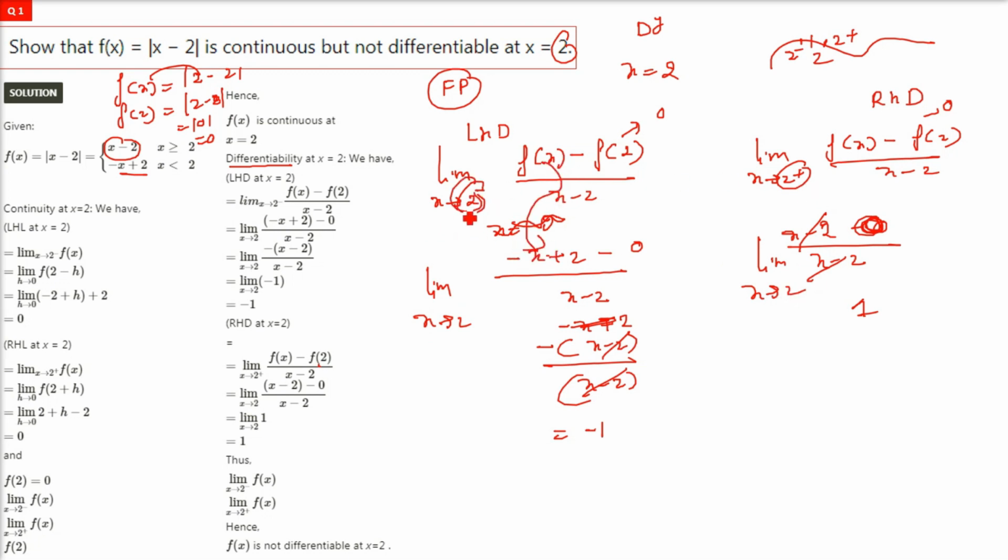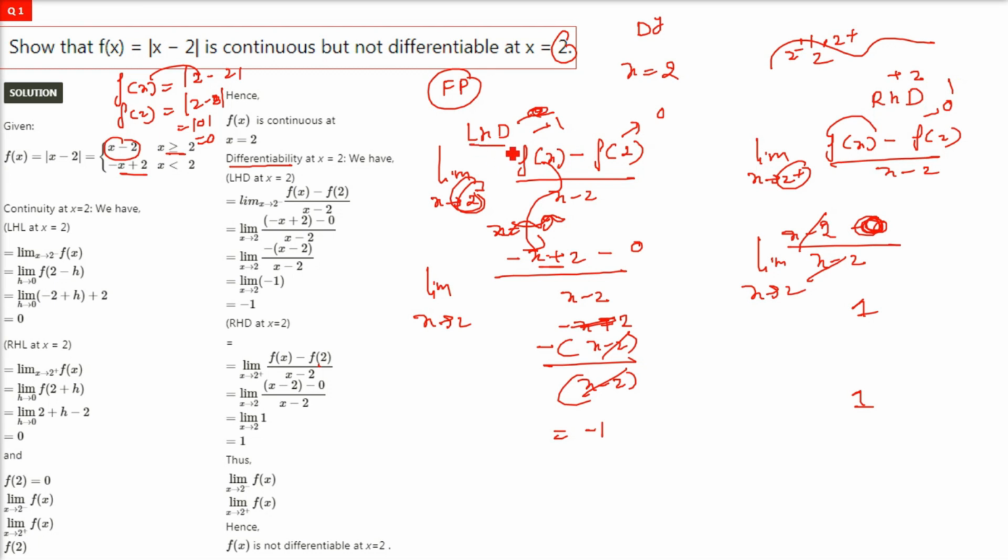Please remember, when we replace f(x) by minus x plus 2, the limit also changes. It will be simply limit x tends to 2. When we replace f(x) by x minus 2, the limit is not 2 plus then. It will be simply limit x tends to 2. So you get a negative 1 and 1. That means you have a LHD and RHD, they both are not equal.